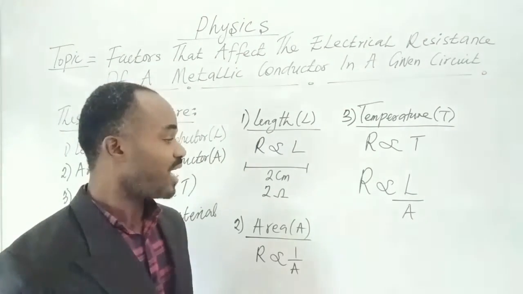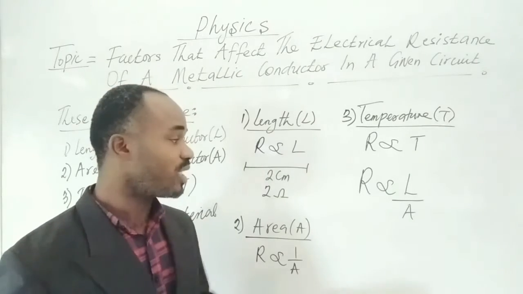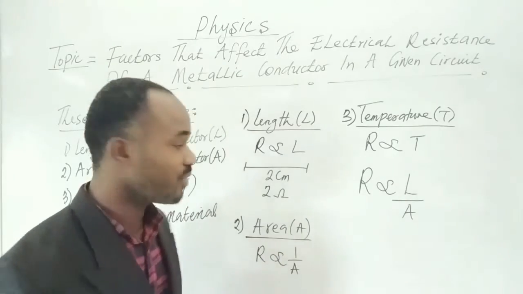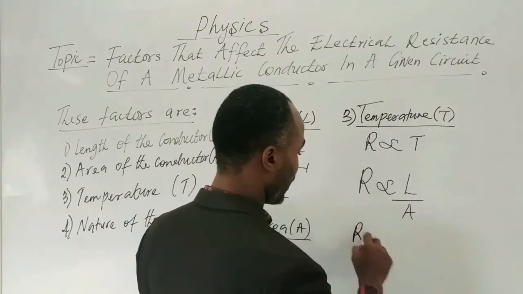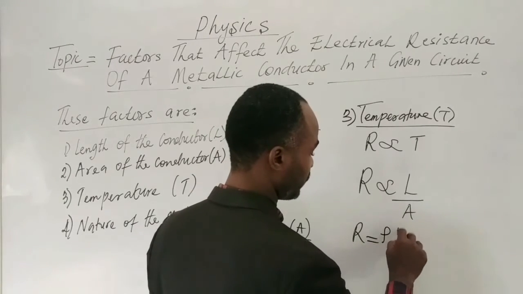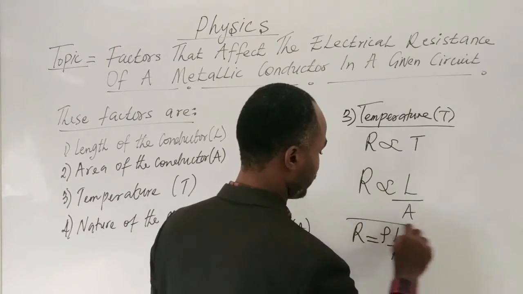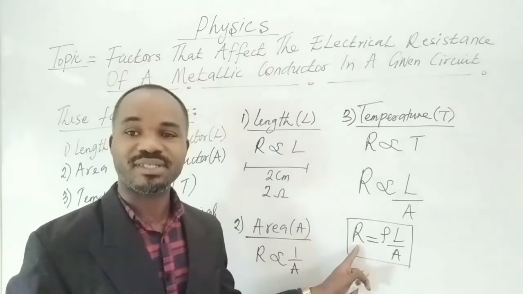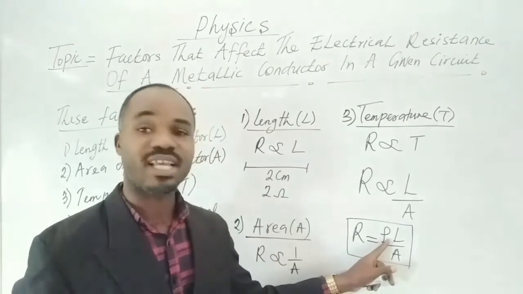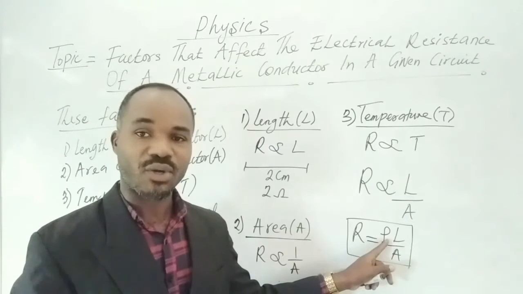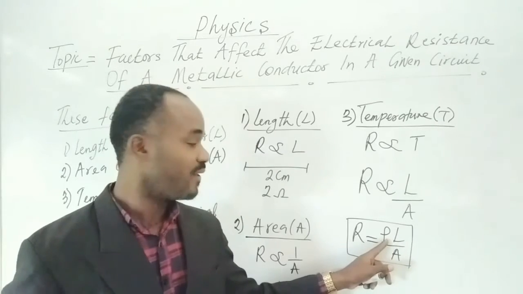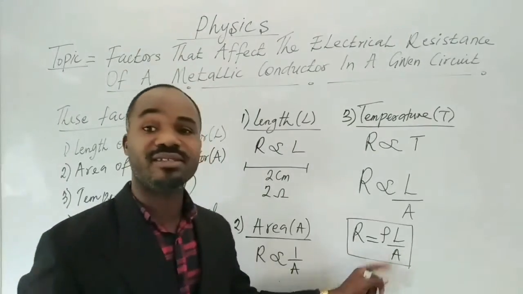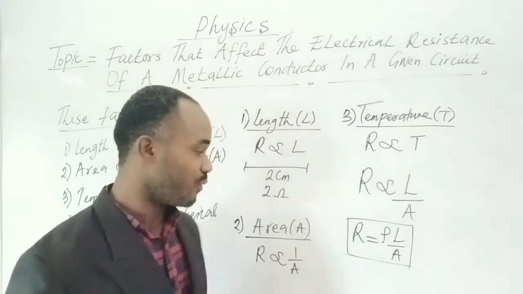Now, if we introduce an equality sign and a constant, we have R equals rho L over A, where R is the resistance of the metallic conductor, rho is a Greek letter used as the constant of proportionality, L is the length of the conductor, and A is the cross-sectional area of the conductor in question.